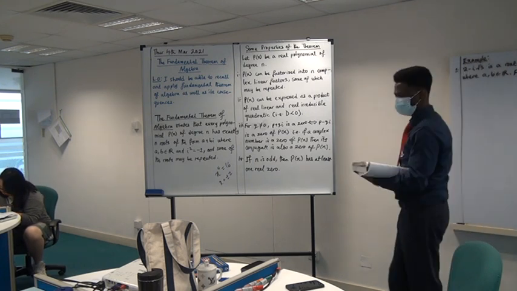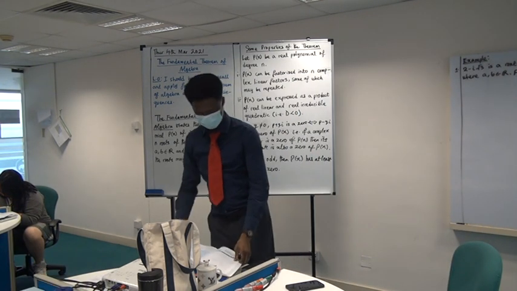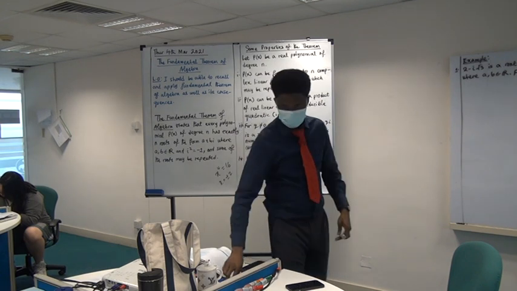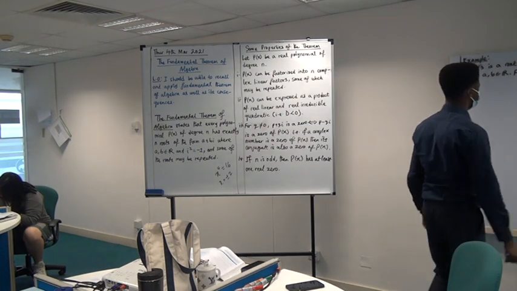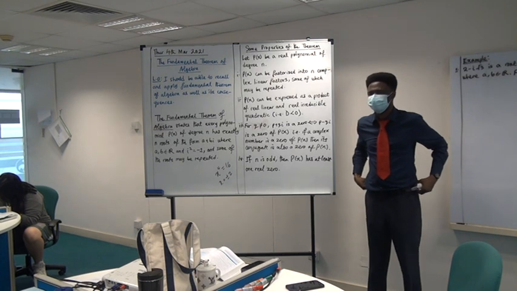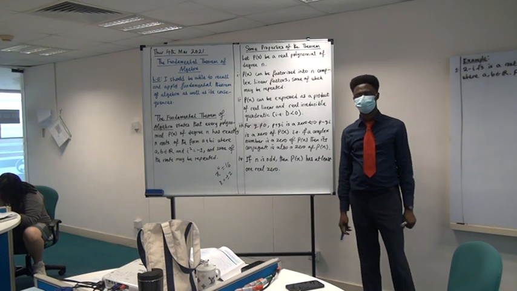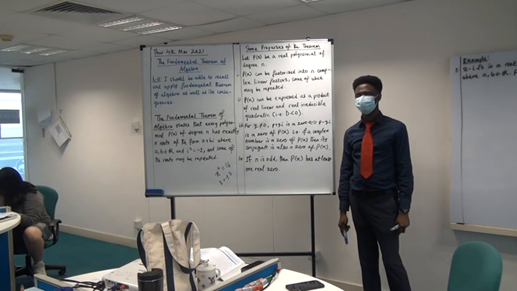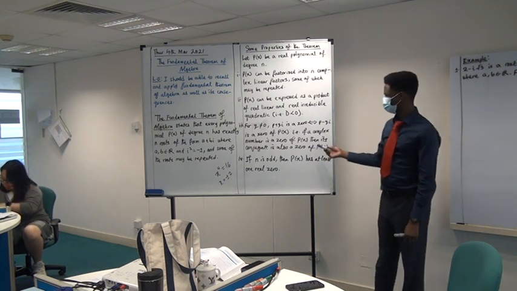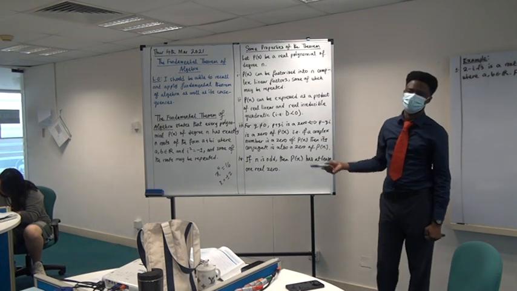Yes, what can anybody say first? Yes, stop writing, please. Yes. You could find the other root, which is 2 plus i root 3, by this property.